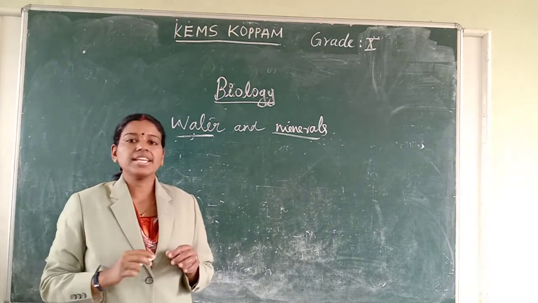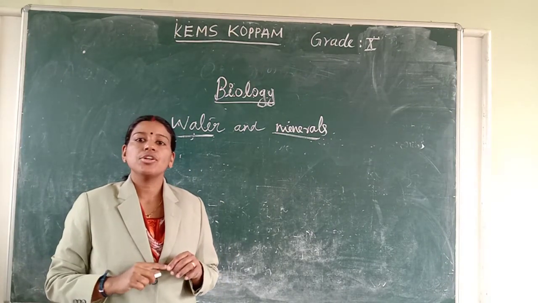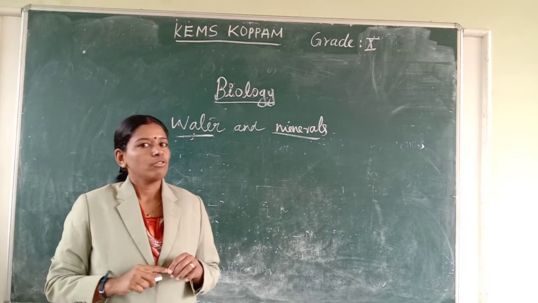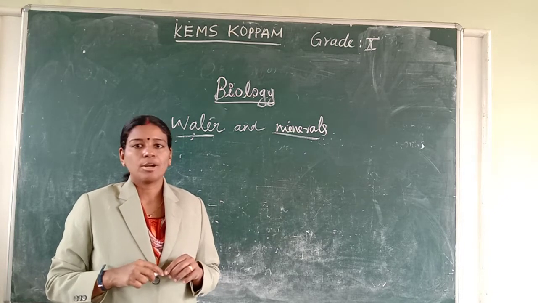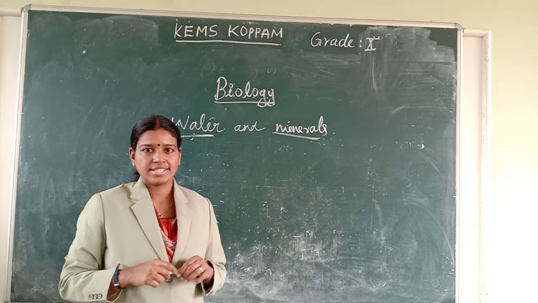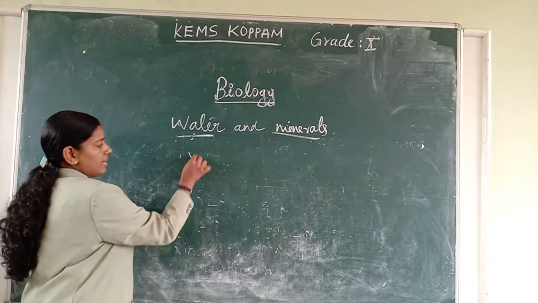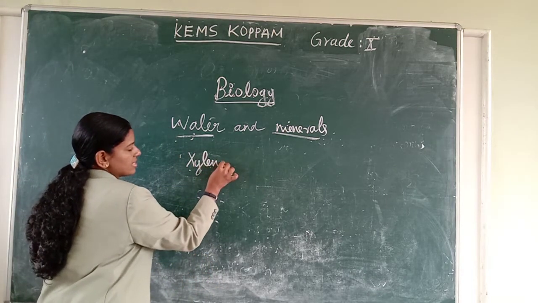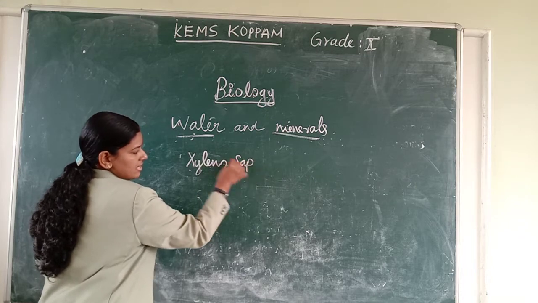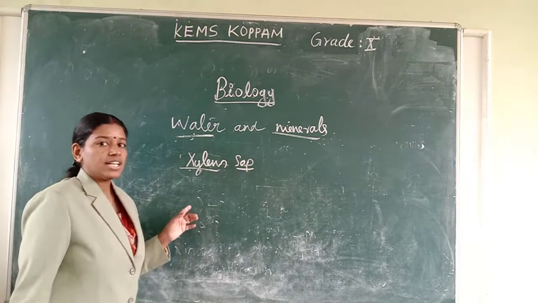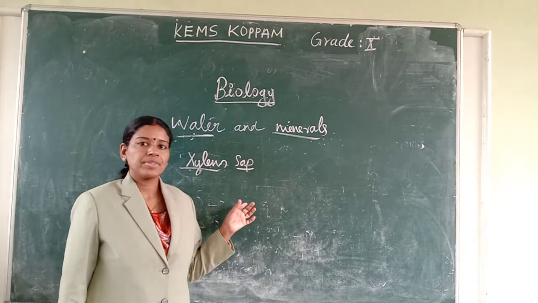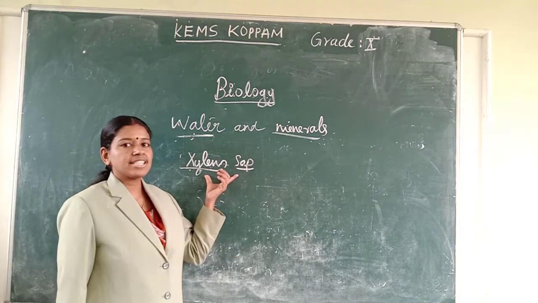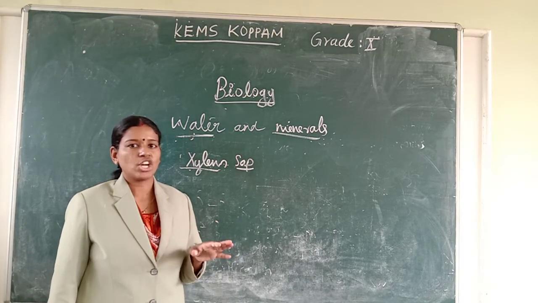So in plants, we know that the roots absorb water and the dissolved minerals through root hairs, and that water is known as xylem sap. That is directly through the roots it enters the xylem, and xylem conducts water and dissolved minerals.